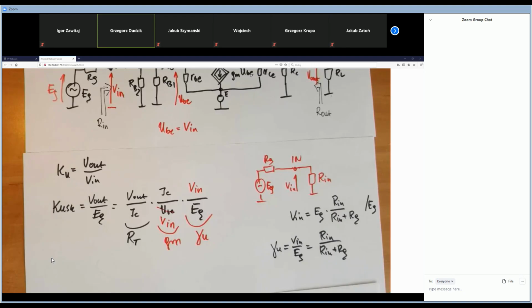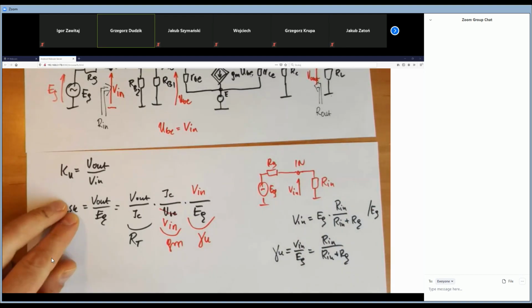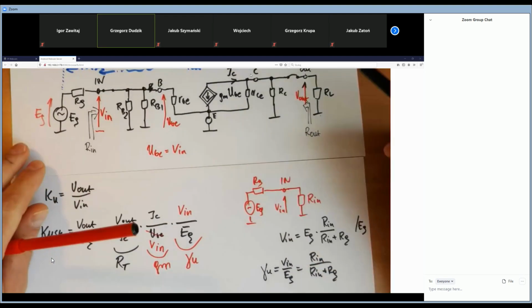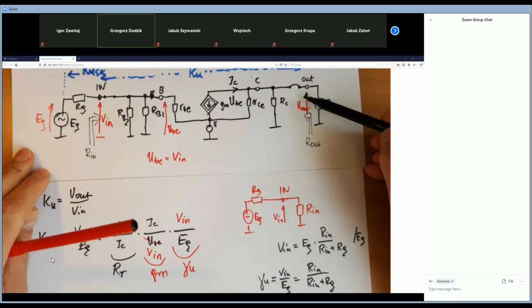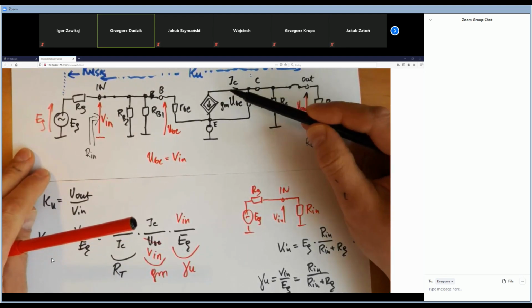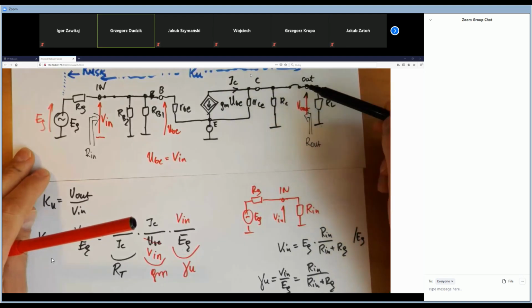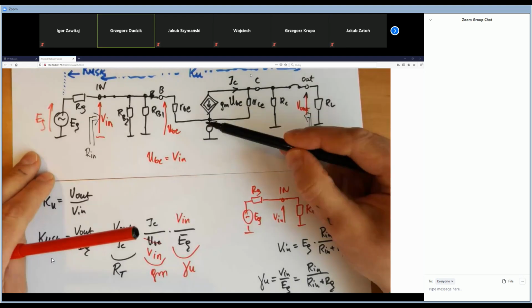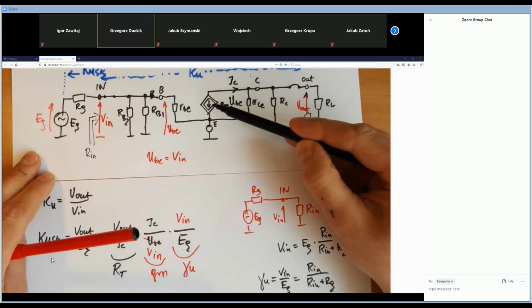Great. Look, one thing here is not clear. The voltage drop here is going up, so the current IC should pass through in that direction. That's right. However, in fact, we've got the current source here, which has the opposite sign.